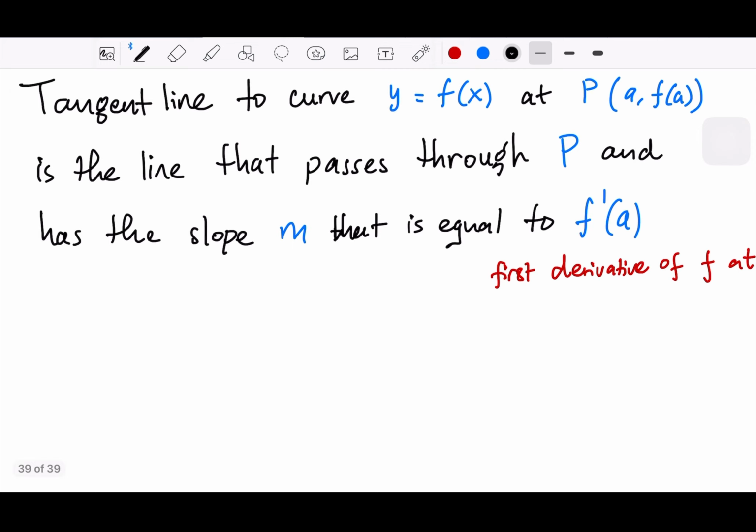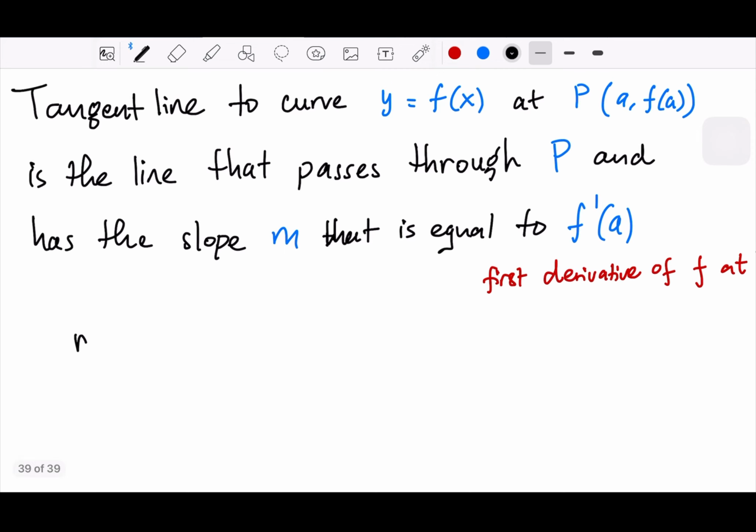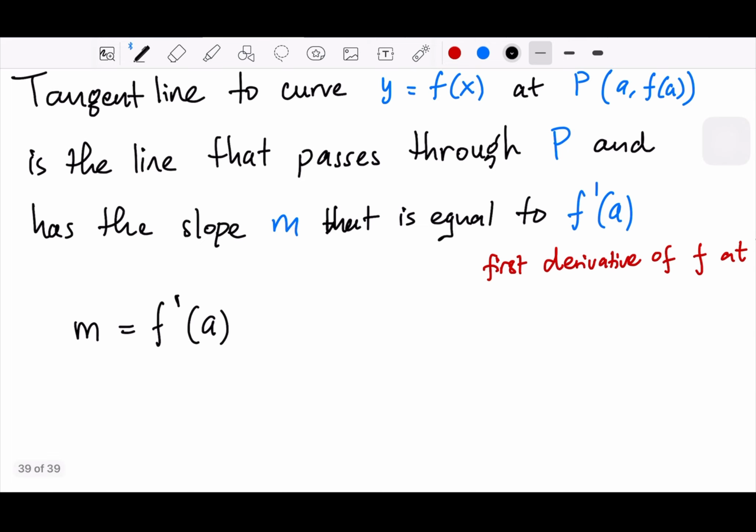So we can say that this slope m is actually equal to this f prime of a. As a conclusion, remember that the point P is a, f of a.